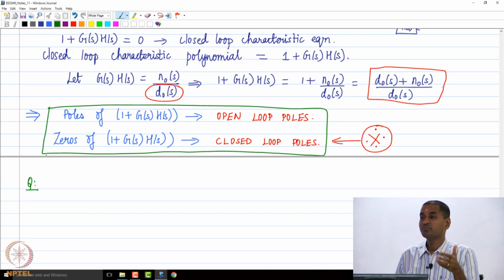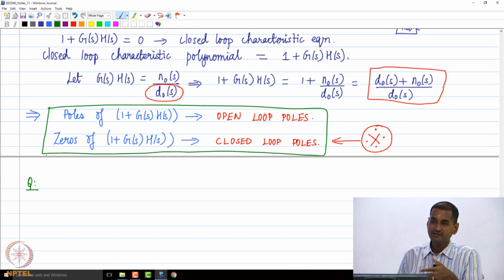Now the question that we are going to ask ourselves, the answer to which would be provided by the Nyquist stability criterion, is the following.